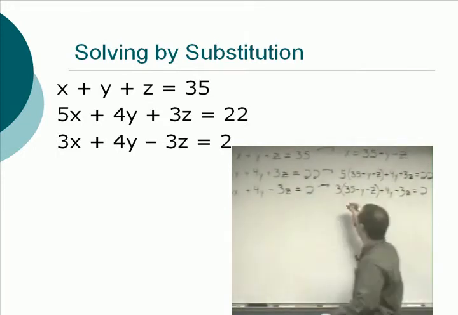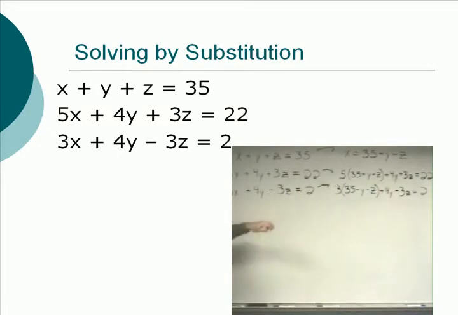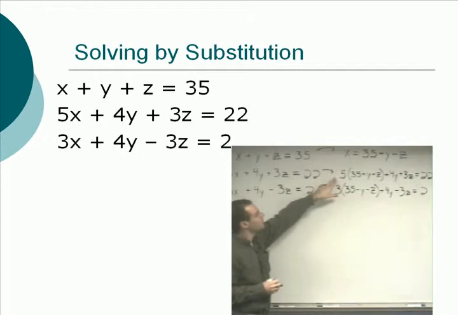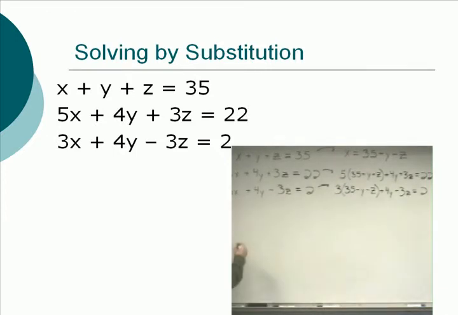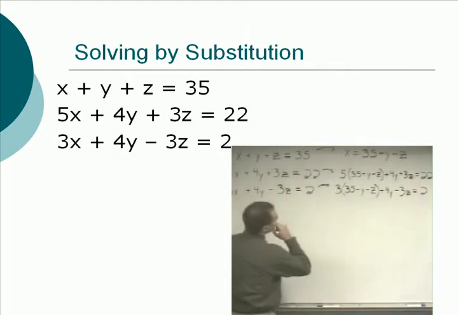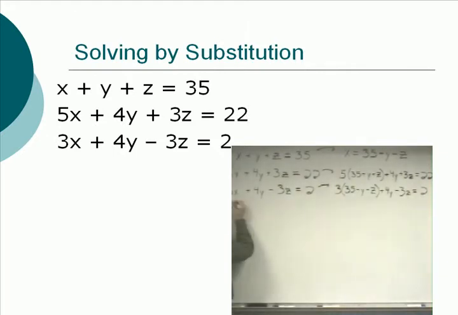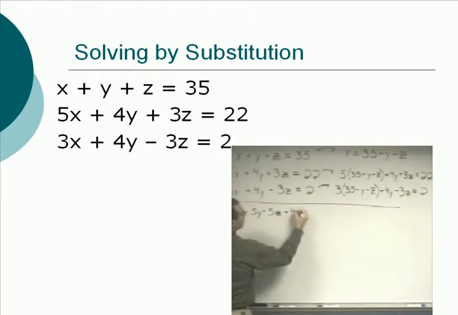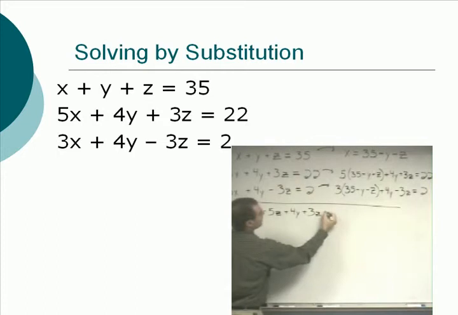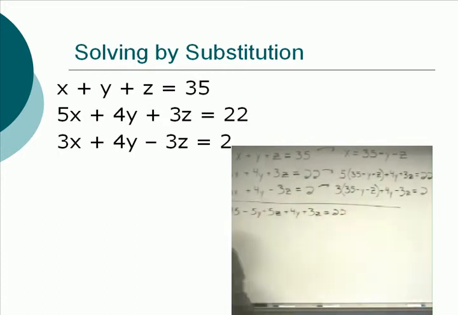So, if we simplify these, the top one becomes 175 minus 5y minus 5z plus 4y plus 3z equals 22.